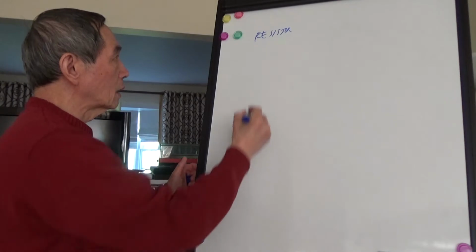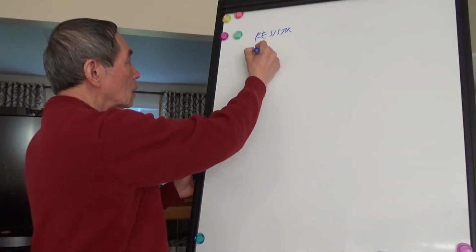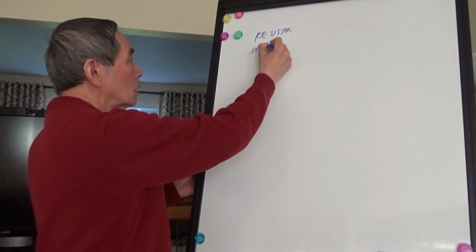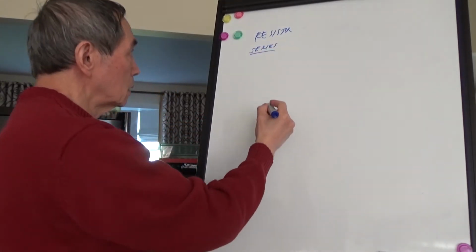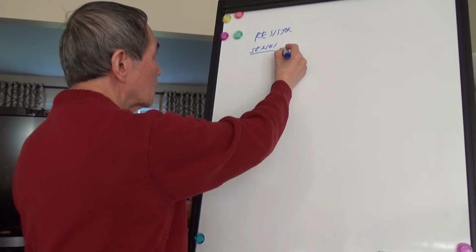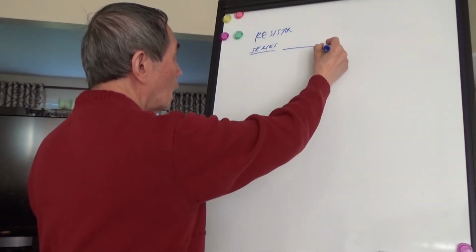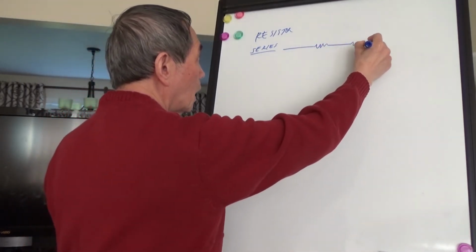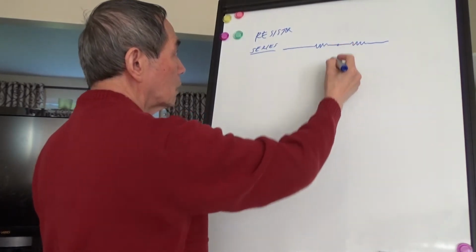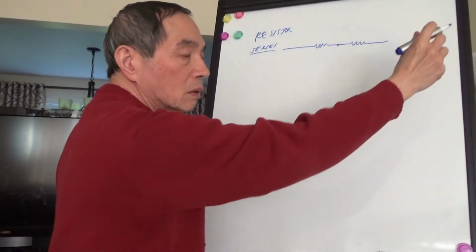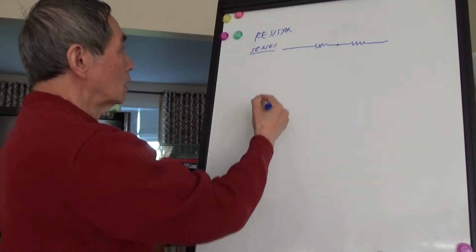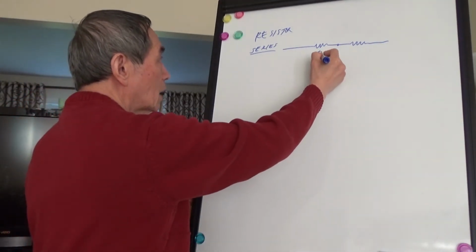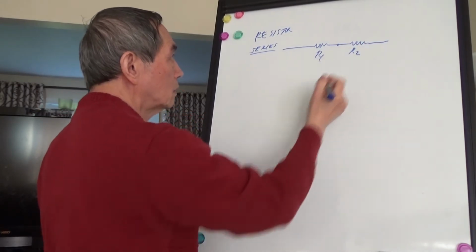So we have a series connected resistor. It looks like this, or it can be more than two, but let's just simplify it, just two. So we have R1 and R2.